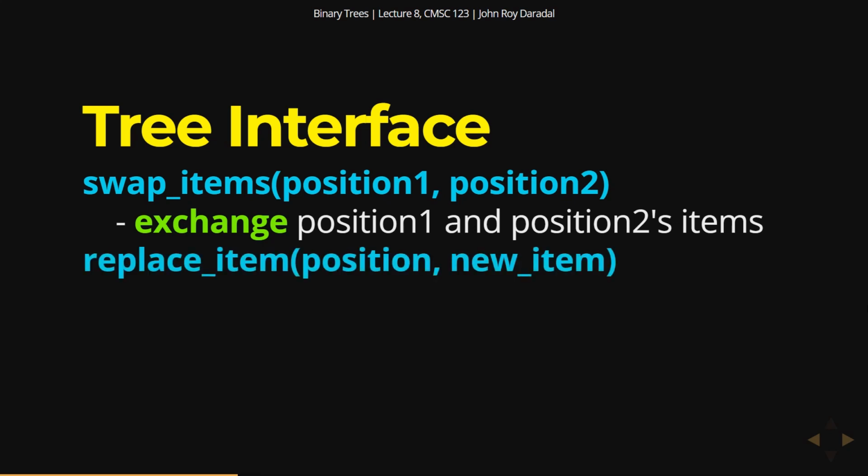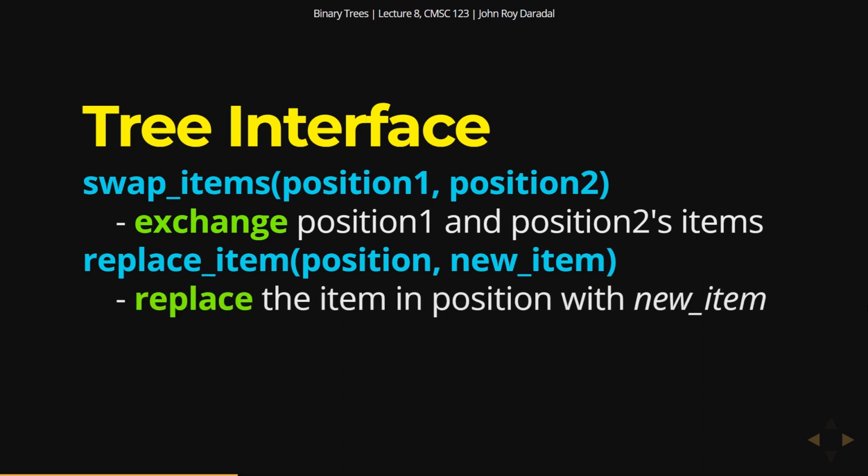Okay, and then finally you also have replace item. So given a position and the new item, you will update the item in that position with the new item that is given, and you will also return the old item that was overwritten. Okay, so it's like an update for a certain position. Okay, so those are the methods for the tree interface.